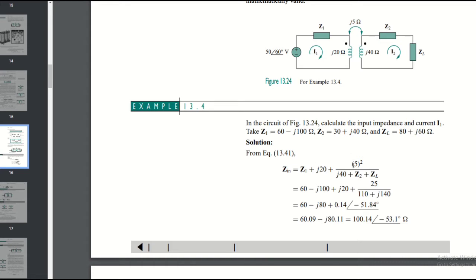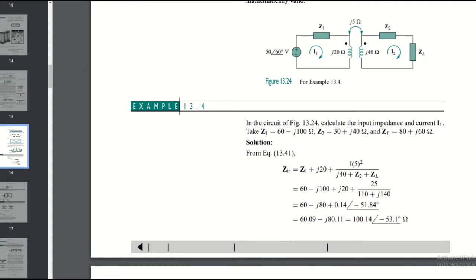So they just use the formula. They insert the R1, which is the Z1 over here, so 60 minus J100 ohm, and then for the JWL1, basically this is the value L1. So we have here L1 and this is L2. So they just insert J20.